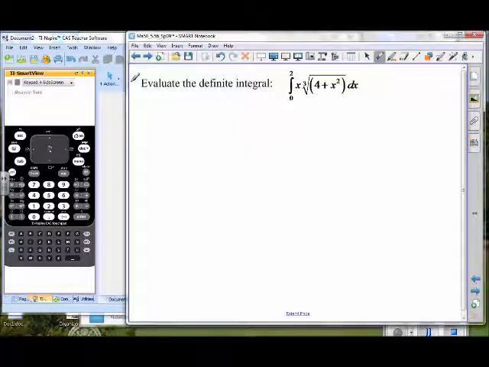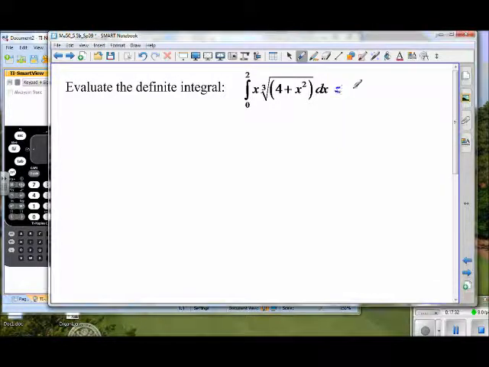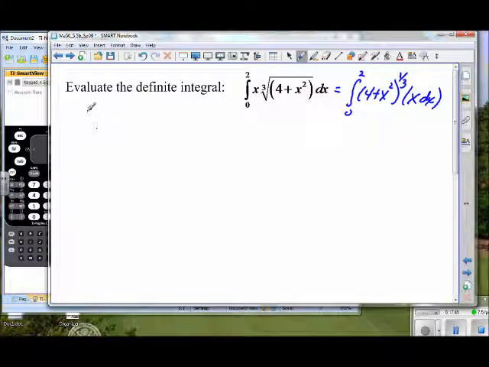Okay, well now let's go on to definite integrals, because now we again have the upper and lower bounds. To start this problem, I'm going to integrate from 0 to 2 of 4 plus x squared to the 1/3 power times x dx.